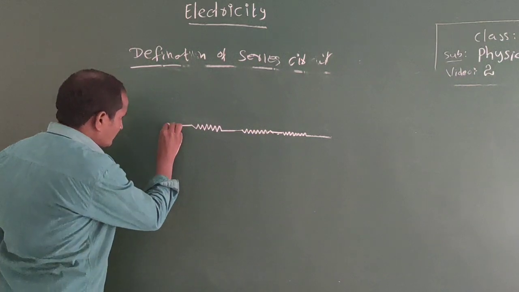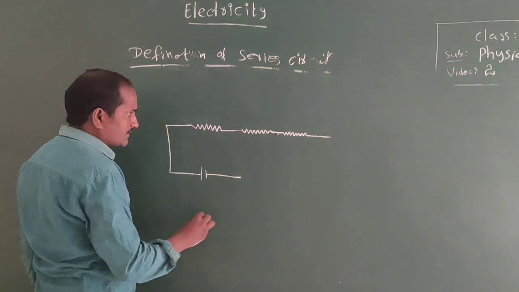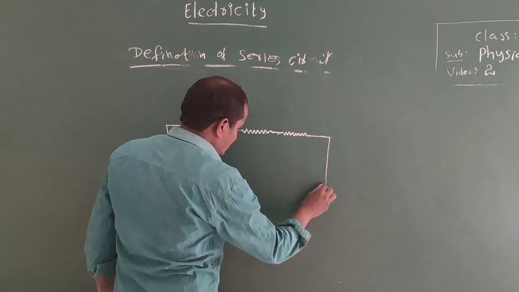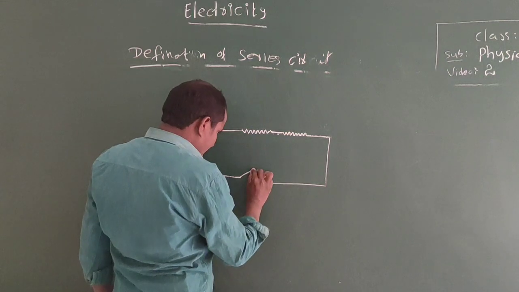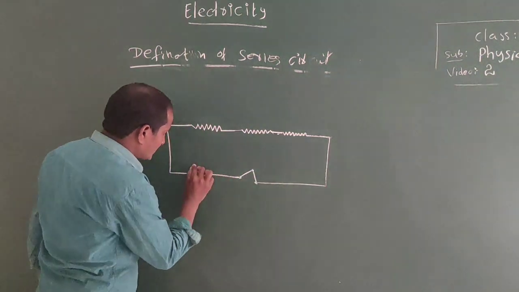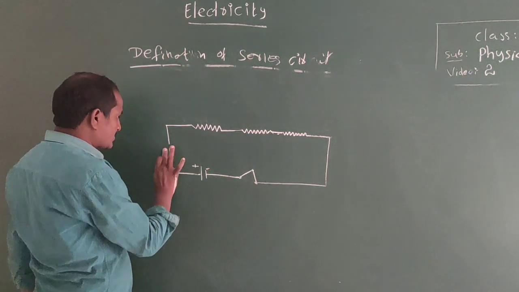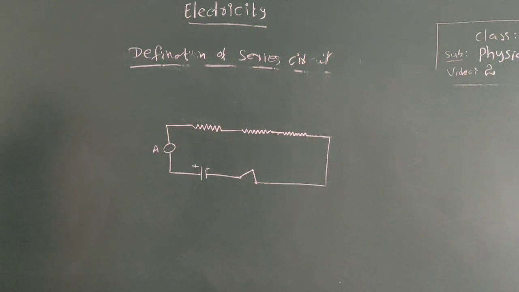These wires are connected with the cell. It is the switch. The switch is closed. Positive terminal, negative terminal. It is an ammeter.